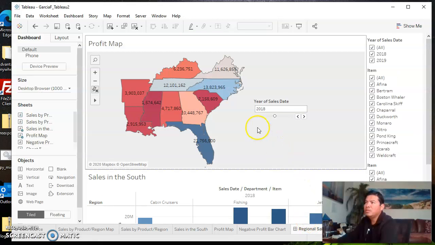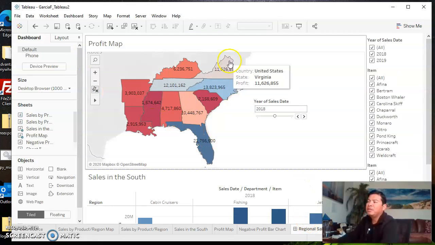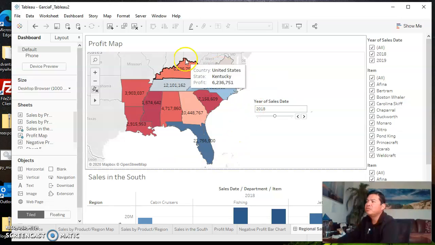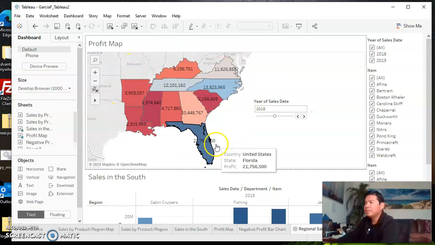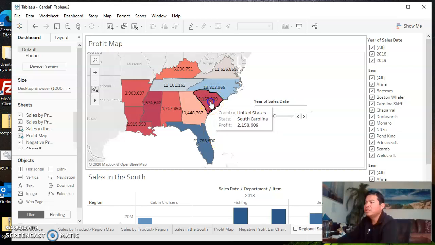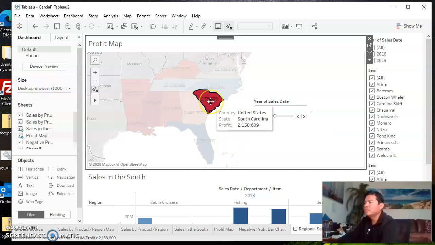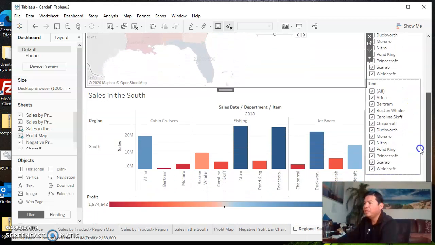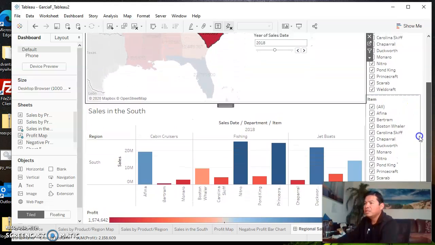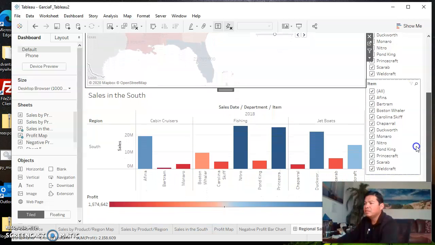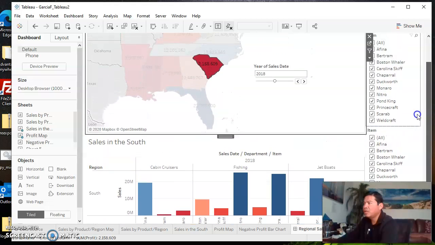So now, completing the worksheets, let's move to the dashboard. Here in the dashboard, we have the entire south region showing. We can see here the two states. You can single out the state of South Carolina. We can scroll down here and look at the state of South Carolina, which has not much sales happening.